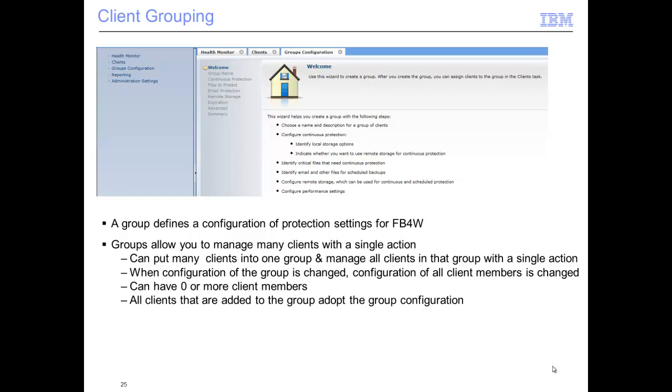So for instance, if I wanted to start protecting files with the ending .doc, if I made that change to the group configuration, then all of the clients in that group would then start protecting .doc files. Now a group can have 0 or more members in it, and if you add a new member to a group, it will automatically adopt that group configuration.